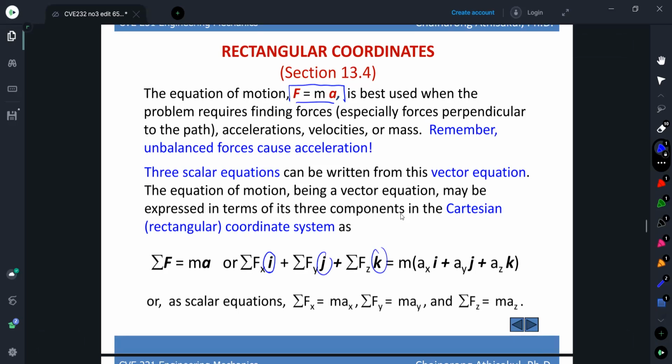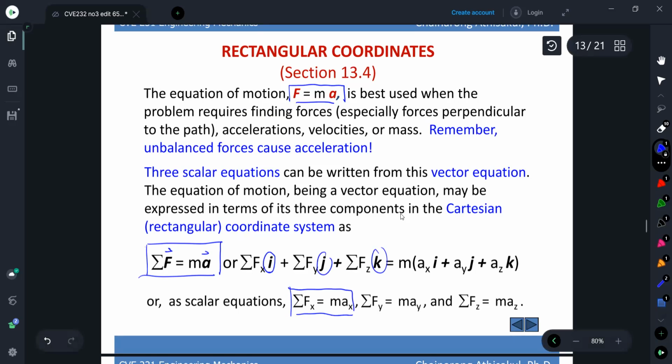The equation of motion in vector form can be decomposed into scalar form, composed of three equations: summation Fx equals m a_x, summation Fy equals m a_y, and summation Fz equals m a_z.